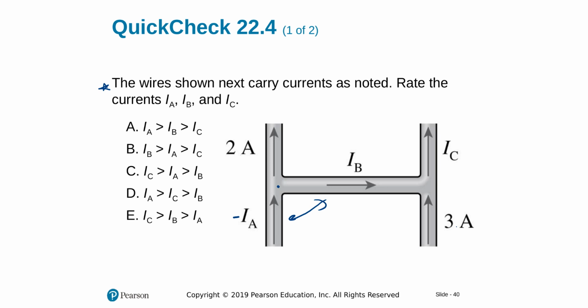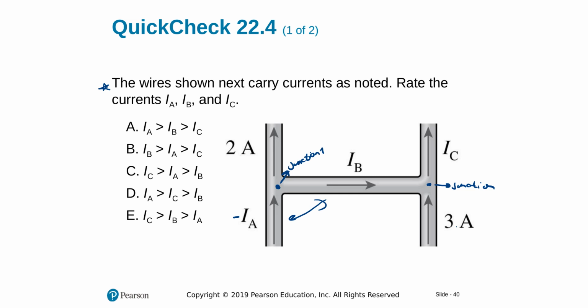We know 3 ampere. So what I need to do here is to apply the junction rule here at junction 1 and here at junction 2 to see how I can get information to compare these currents.